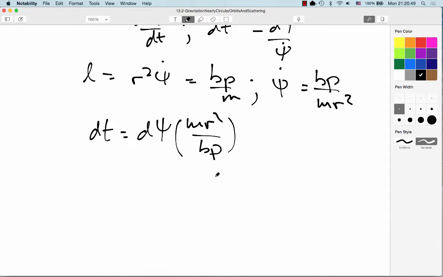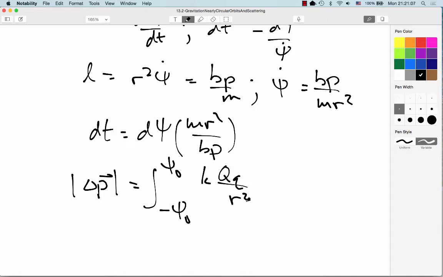Okay, so let's go stick that into our integral. So my delta p equals the integral from minus psi naught to psi naught of kqq over r squared, which still depends on t, but hang on, cosine psi, and now we can say d psi here, and I have to put in my dimensional factor, m r squared over bp.